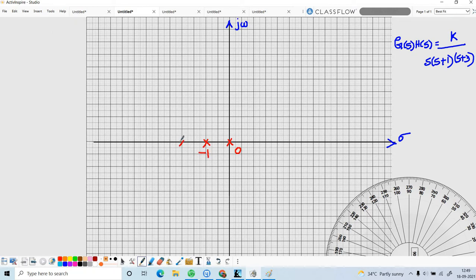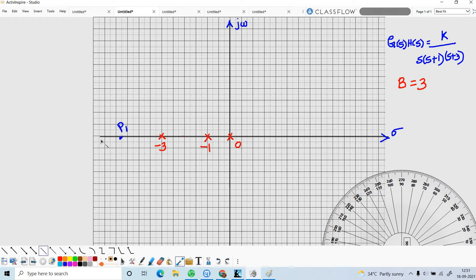And the third one is -3. So at what points does the root locus exist? Where the number of poles to the right of the point is odd, the root locus exists. Here I consider a point P1. The number of poles to the right of point P1 is odd, so the root locus exists here.